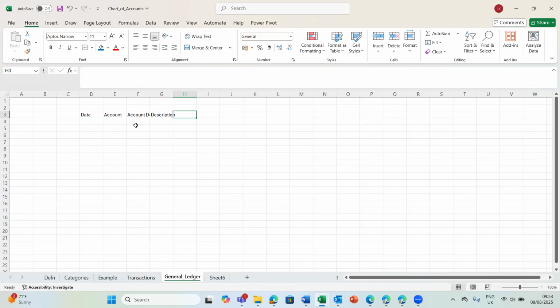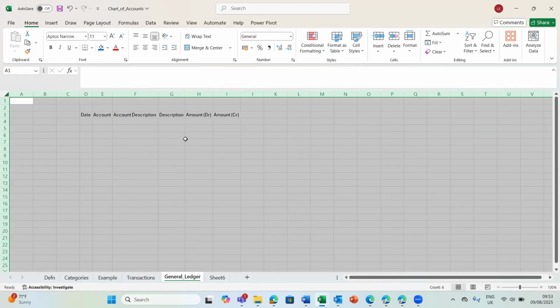Then we have amount, whether debit or credit. Or let me just put here amount, debit, and also amount, credit.